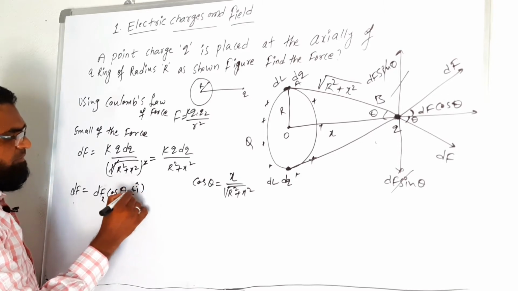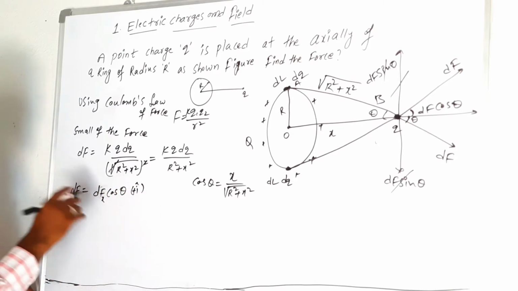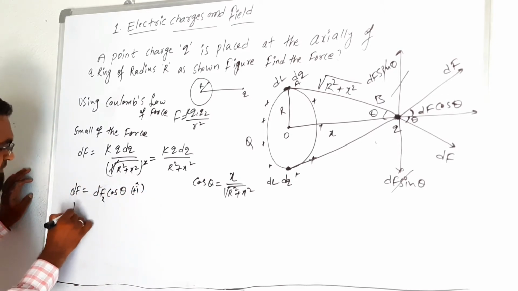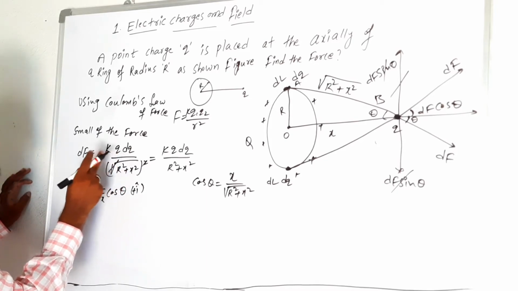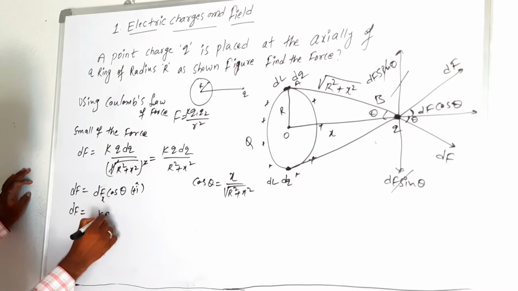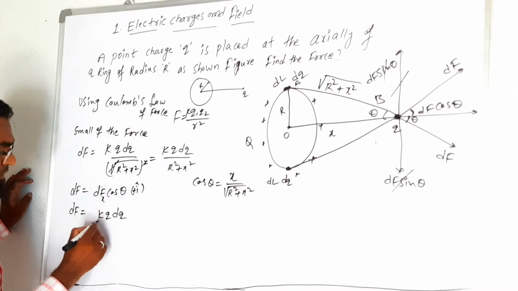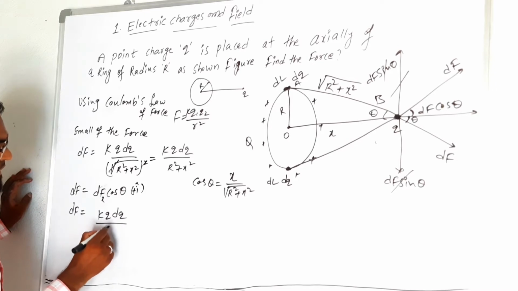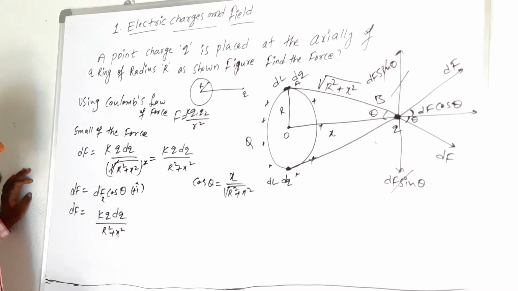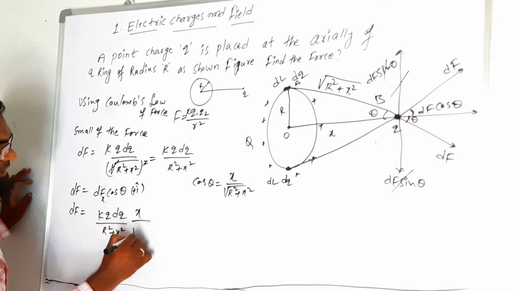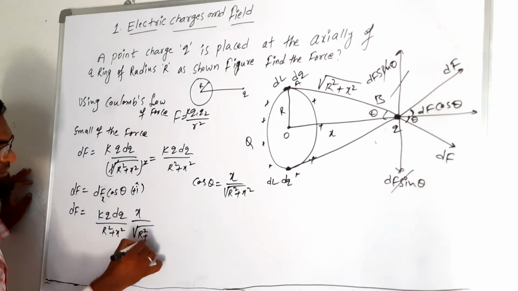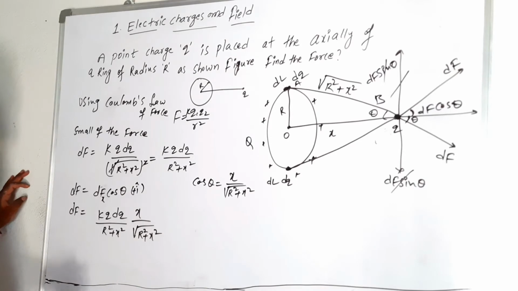Directly substituting dFx equals k q dq by r square plus x square, times cos theta, which is x by root over r square plus x square. Clear up to here, students?